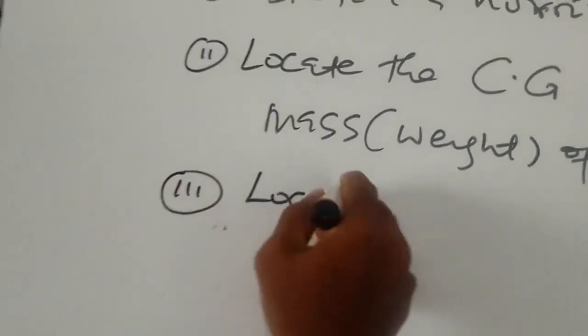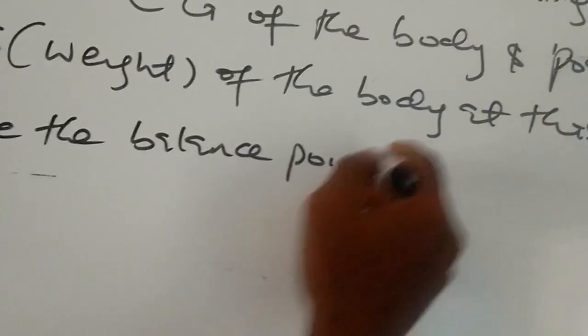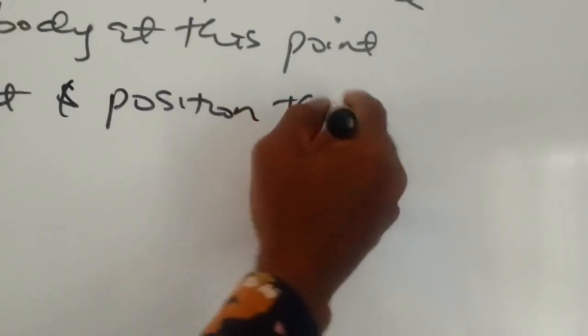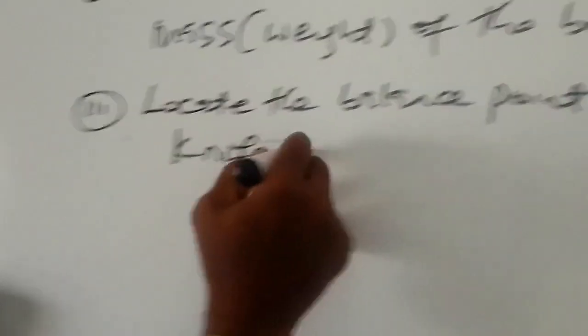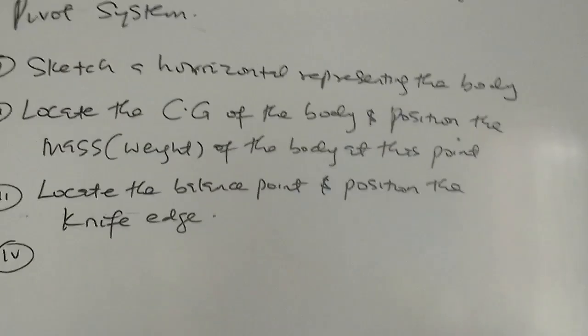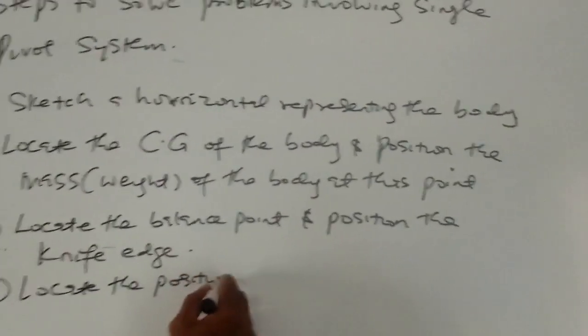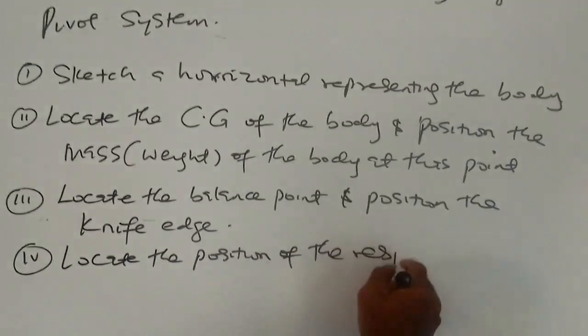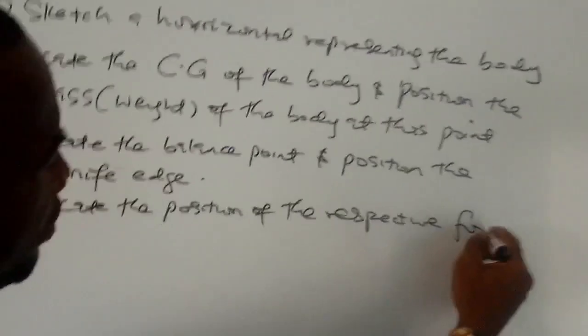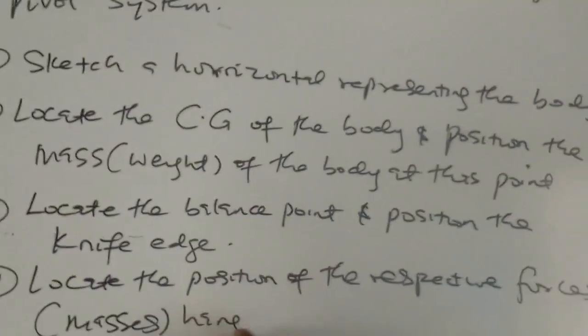Number three, locate the balance point or point of pivot and position the knife edge or pivot at this point. Number four, locate the position of the respective forces or masses hanging on the body.